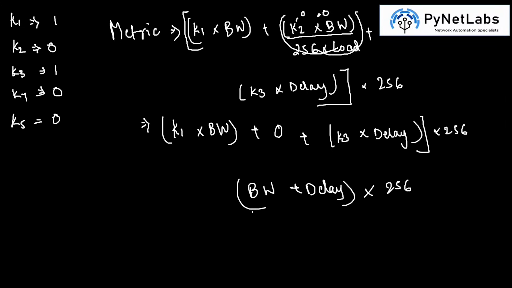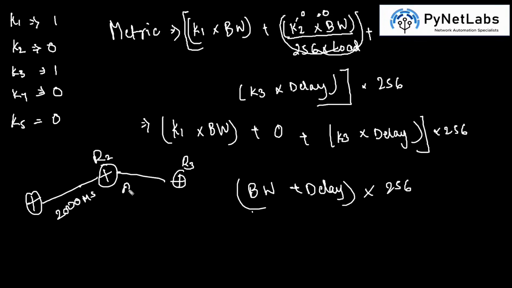When it comes to delay, you have to take the sum of delays between links. So let's say router 1 is connected to router 2, then router 2 is again connected to another router 3, and the delay between them is 2000 for this, then again 2000 for this. So the value for delay will be used as 4000.